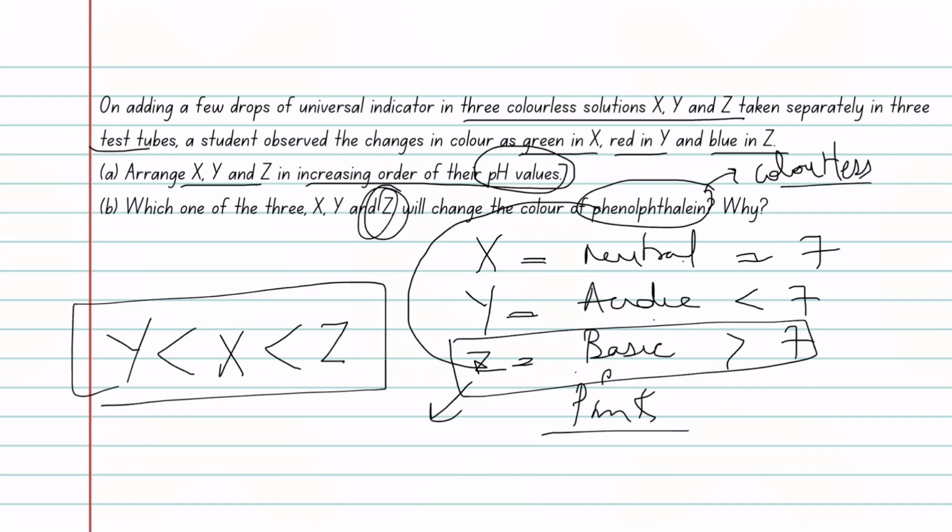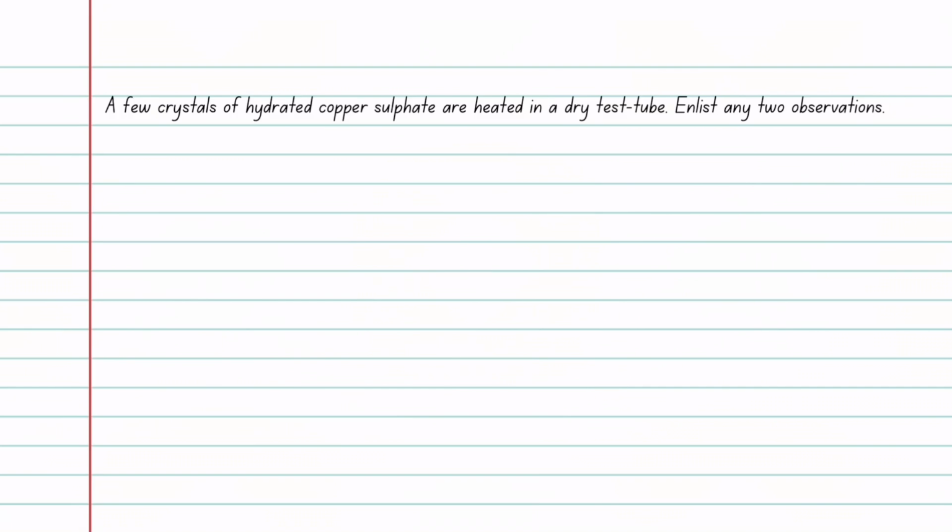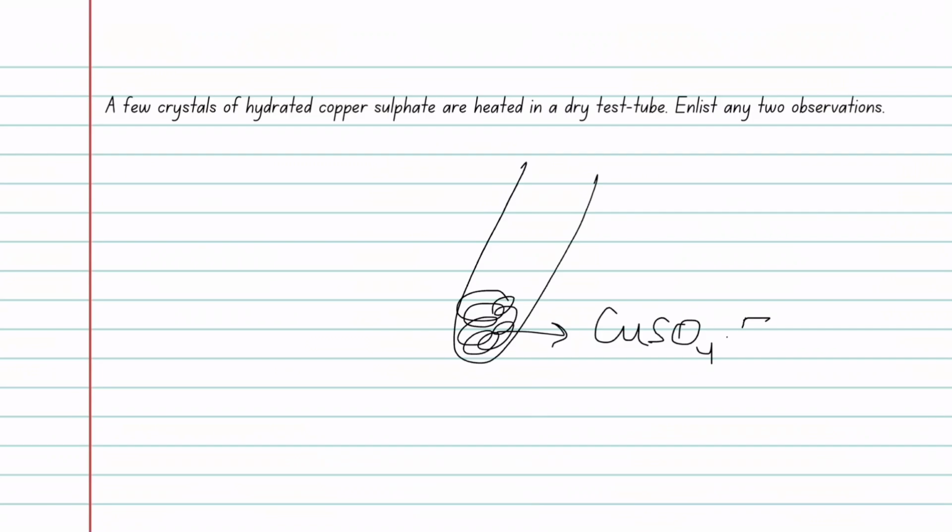Moving on. A few crystals of hydrated copper sulfate are heated in a dry test tube. List 2 observations. So you have a test tube and you have blue colored hydrated copper sulfate crystals. This is the copper sulfate pentahydrate.